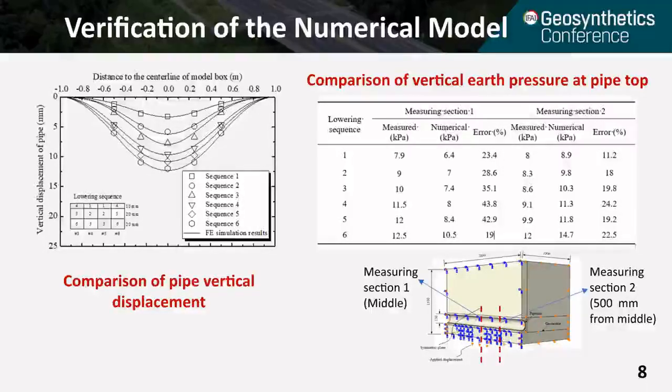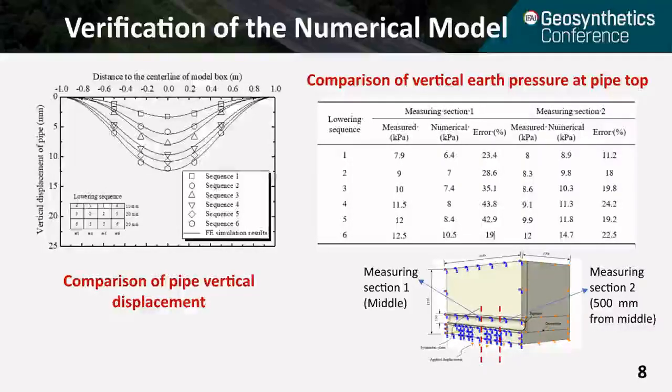The lines are the numerical results, and the data points are the measured results from the model test in the lab. We can see they match very well. That's the pipe vertical displacement. And then we also have a table here that shows the vertical pressure at the pipe top.